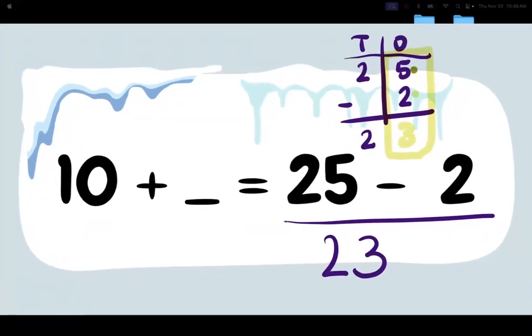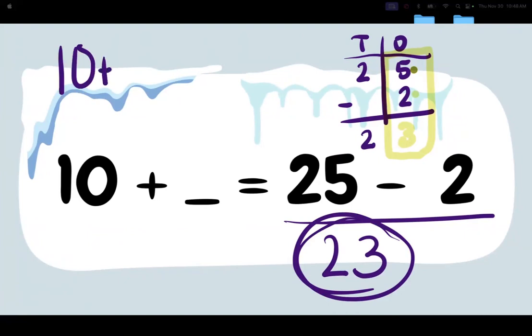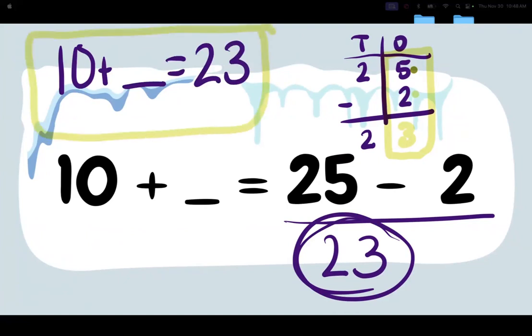Okay. So now we need to take the 23, and that is where we find 10 plus blank equals 23. 10 plus blank, what's a different way of doing that? It's a big number. Remember, we talk about fact families.